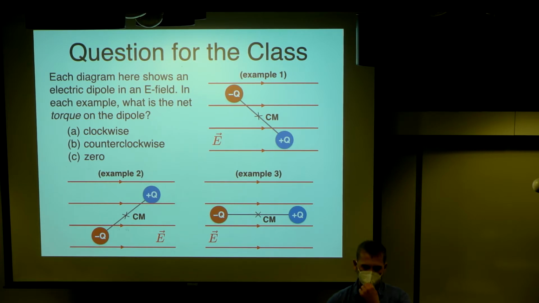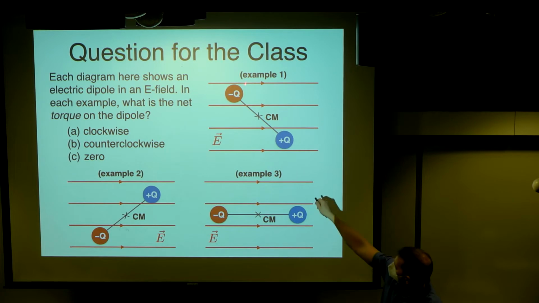So for the first example, let me ask you a question. The E field that we see is pointing to the right, isn't it? So what direction is the force that's acting on this negative charge here? Because it's negative, it opposes the electric field, so the force is going to the left. What about for this positive charge?